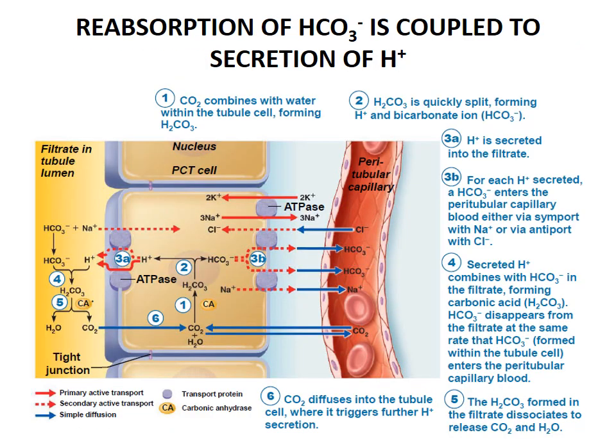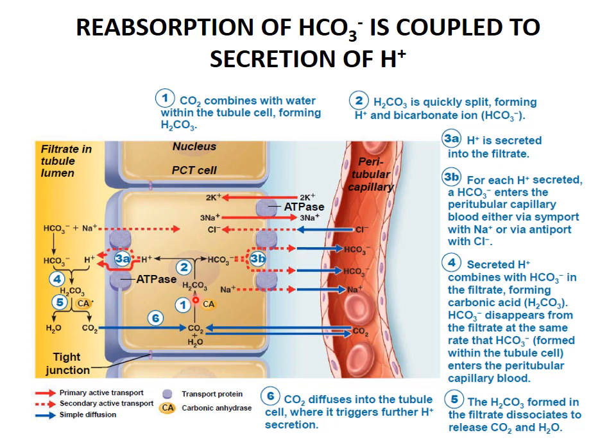This picture will give you an idea about the reabsorption of bicarbonate, which is coupled to the secretion of H plus. The first event is carbon dioxide in combination with water, in the presence of the enzyme carbonic anhydrase, forming carbonic acid. H2CO3 is carbonic acid.